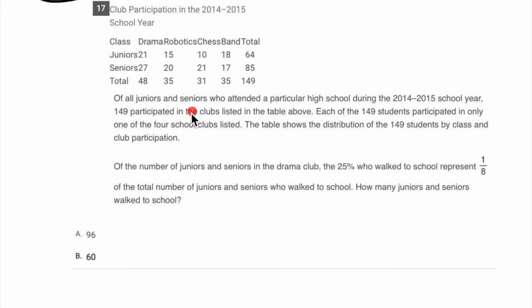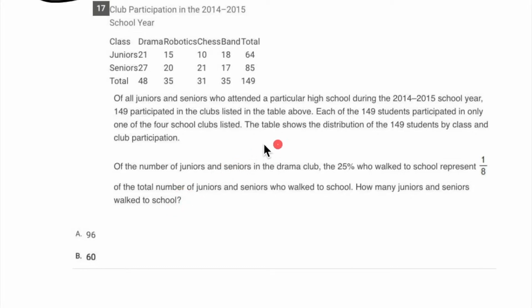Same problem, same 149 juniors and seniors who participated in these different clubs. Okay, let's see what the problem is. Of the number of juniors and seniors in the drama club, these are actually kind of hard problems, 25% who walked to school represented 1/8 of the total number of juniors and seniors who walked to school. How many juniors and seniors walked to school?